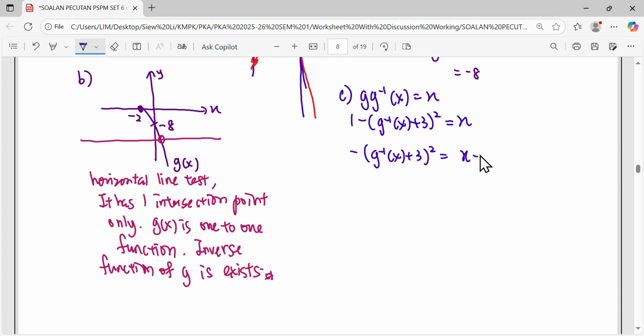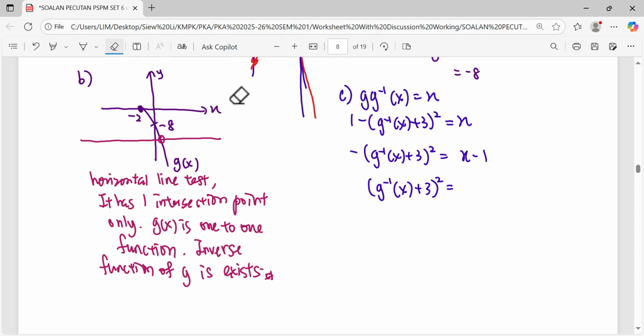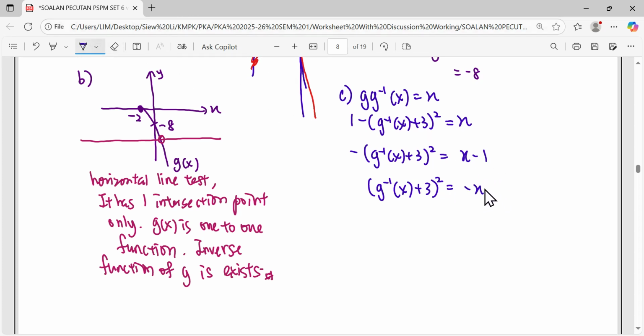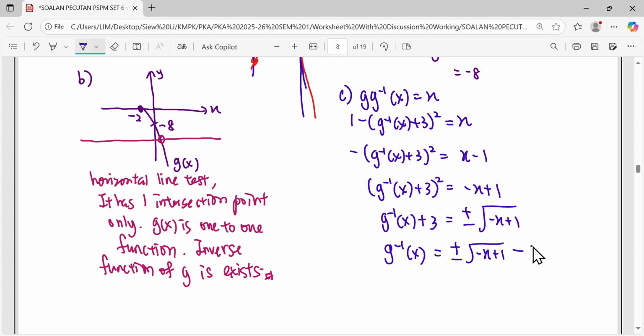Move 1, you get minus 1. Divide by negative, move negative, you get 1 minus x. Okay, if you do 1 minus x, you will get negative x plus 1. Sama saja. Move your square, always positive, negative, square root. And then move your 3 to the right, you get minus 3.